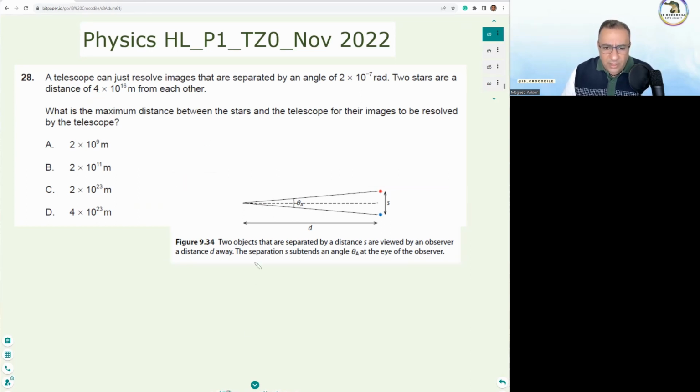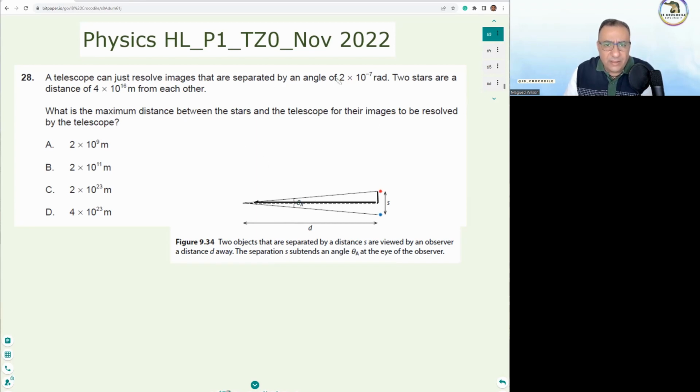If you like, I can split this angle into two halves, so I can see clearly the right angle triangle. It will not make a big difference, but just for you to be more convinced. So we have a right angle triangle, and this will be half of the angle of separation.